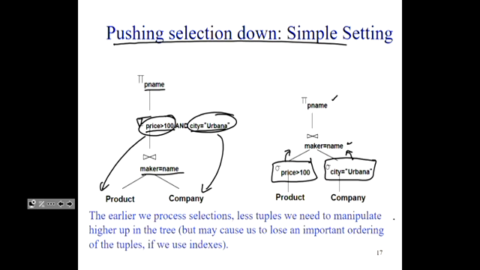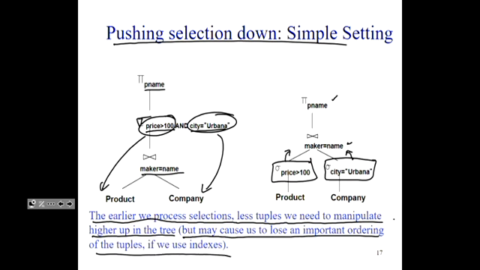So basically the earlier we process selections, the fewer tuples we need to manipulate higher up in the tree. But there may be cases where this is not beneficial, because then we may end up losing an ordering of the tuples, especially if we want to use an index in the future. Okay, so by applying the selection condition, you're already throwing away any other structural information that you may have about this relation.